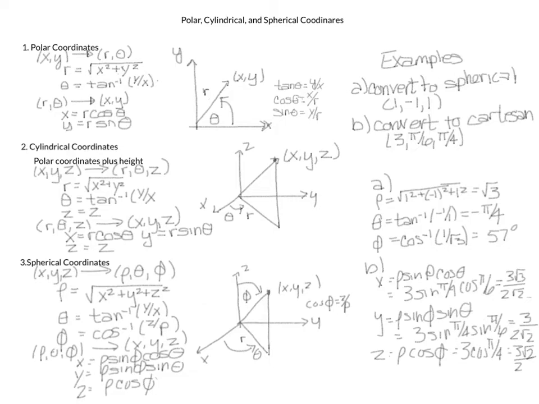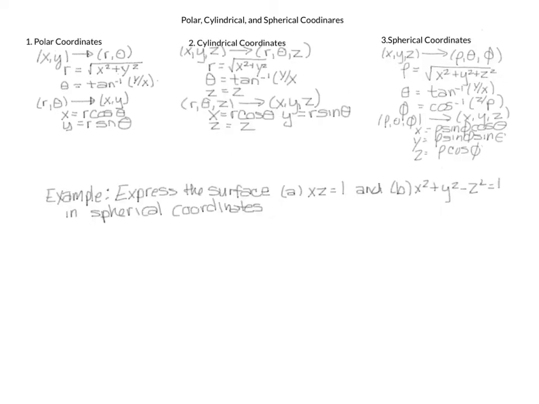So again, we have rho is 3, sine theta is sine of pi/6, sine phi is sine of pi/4. And then last we have z is equal to rho cosine phi. So rho is 3, and then cosine phi, cosine pi/4.